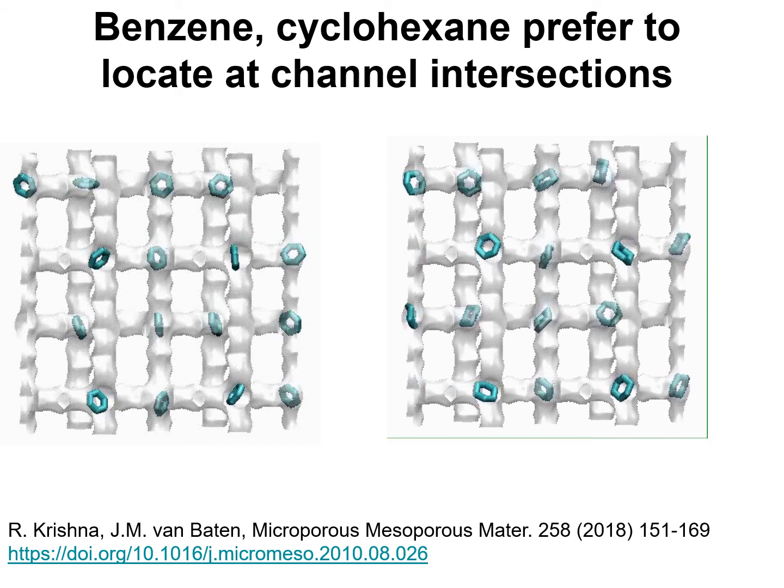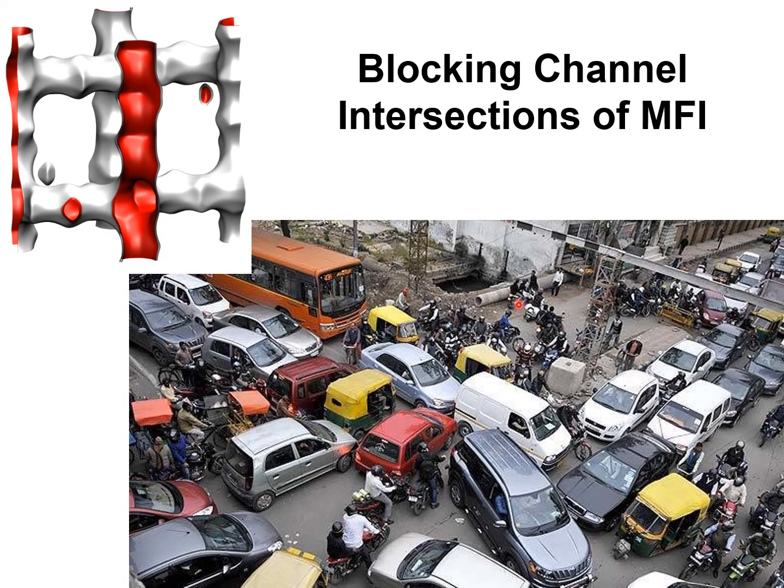So the preferential location of these aromatics, benzene or cyclic compounds, cyclohexane, at the channel intersections leads to slowing down due to intersection blocking. If the intersections are blocked, the entire traffic along this channel and this channel is brought to a complete standstill.